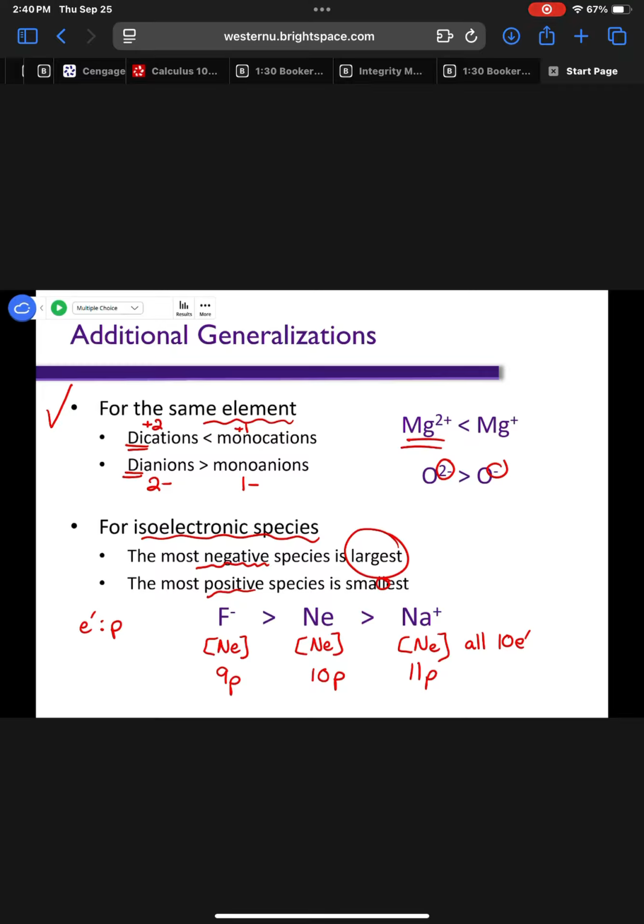The same 10 electrons are being pulled in by 9 protons, or 10 protons, or 11 protons. If we have more protons than electrons, it's going to pull them in even tighter. So if we have an isoelectronic species, we can predict, based on that series, which species is the largest and which is the smallest.